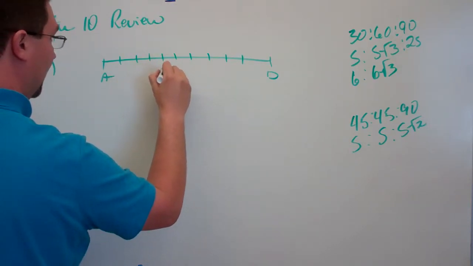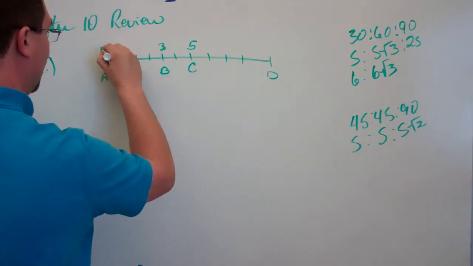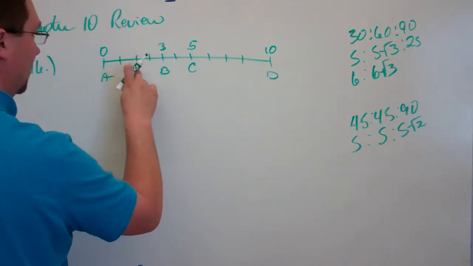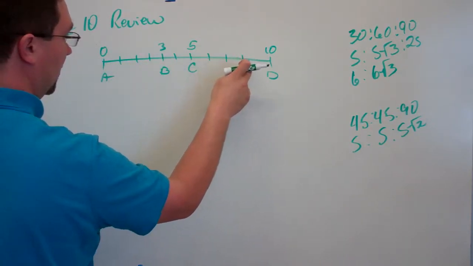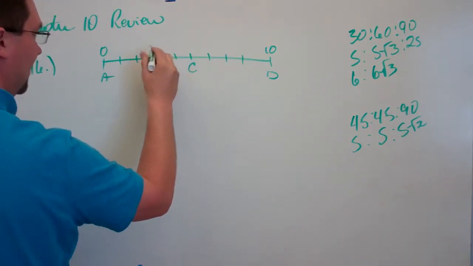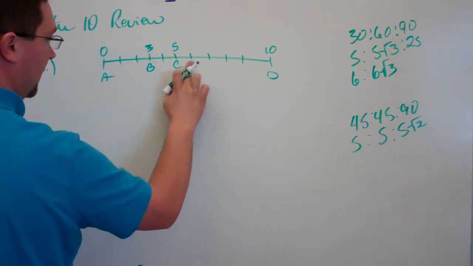Okay. Alright, B is at 3. C is at 5, and this is 0 and 10. Oops, I put these in the wrong place. Alright, there we go.